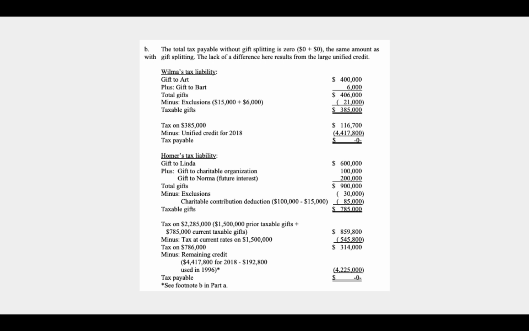We subtract the cumulative tax from birth to December 31, 2017. So the gifts he made between that period are $1.5 million. So that is $545,800 to get the tax on the $785,000 at $314,000. And again, we reduce the credit by that $314,000.